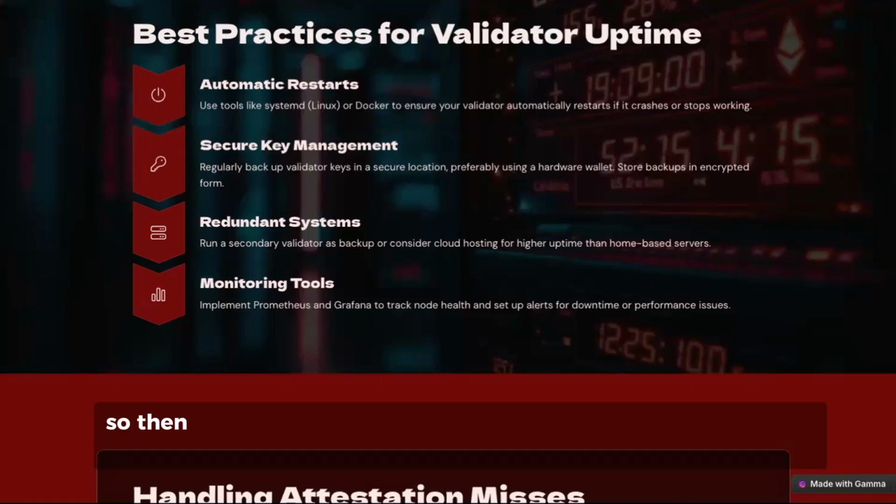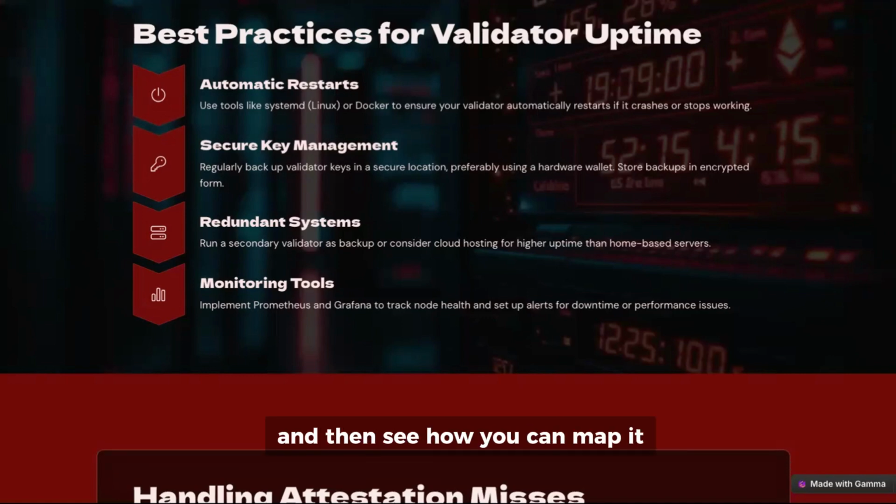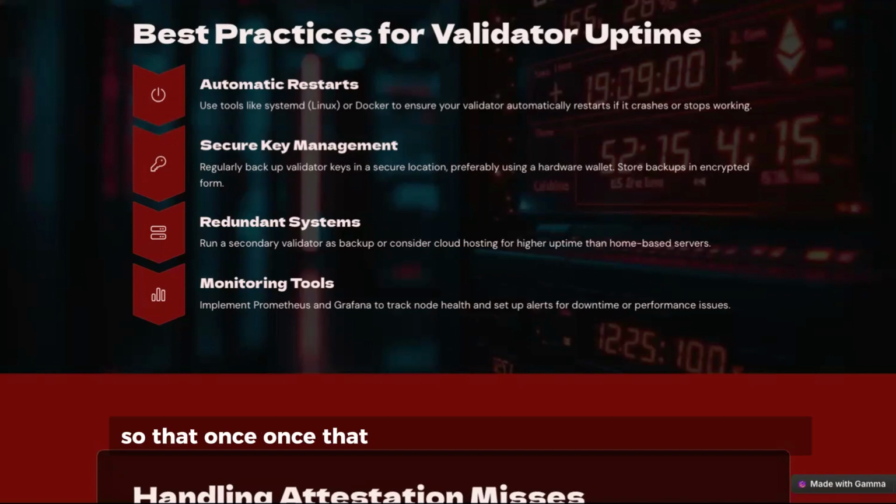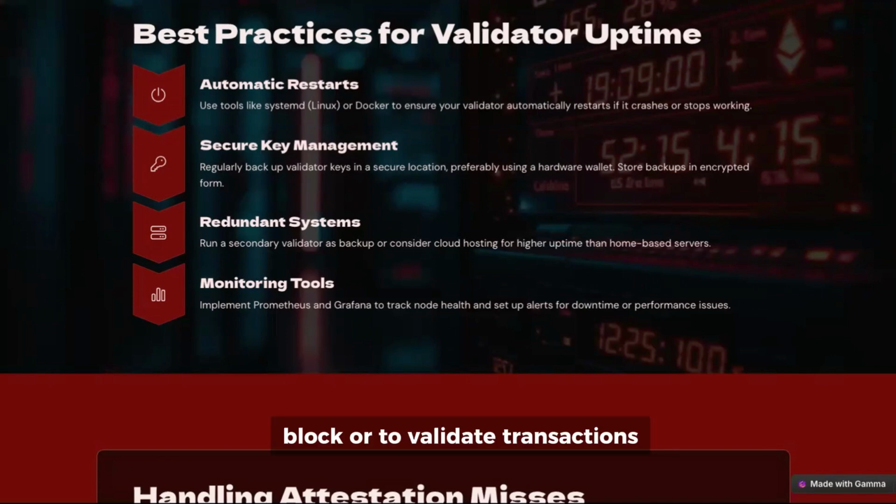Then I think you can also check for important metrics around that and see how you can map it, just having a trigger to Grafana, so that once that particular thing is triggered, it tells you that your validator has been selected to propose a block or to validate transactions.